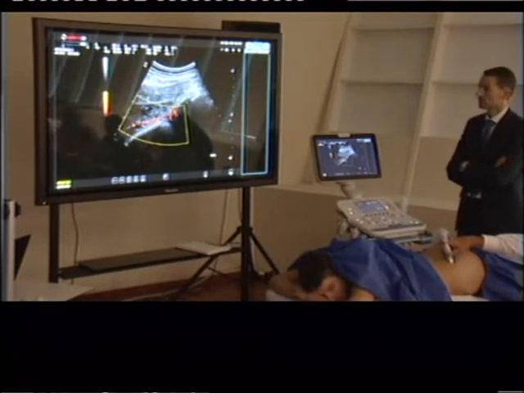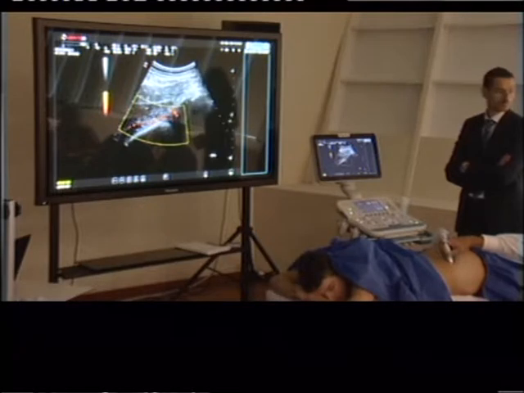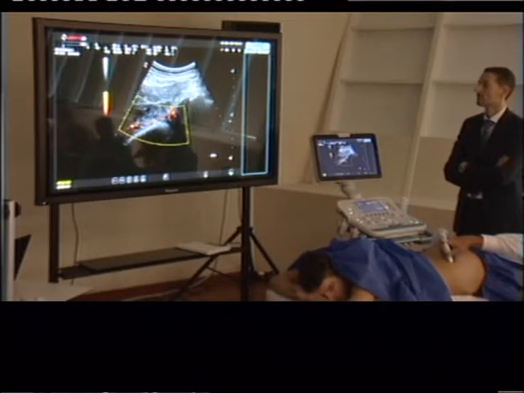L'arteria gluteo superiore che è il ramo della ipogastrica. Okay, so this is the superior gluteal artery.